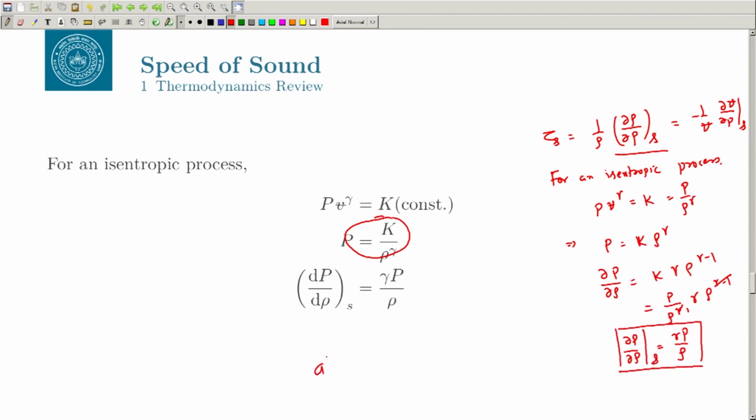So, A square will be gamma P by rho, and A is the square root of that. If you use the ideal gas equation, this will become the square root of gamma R T. So, if you know the temperature, you can find out the speed of sound for a given gas.